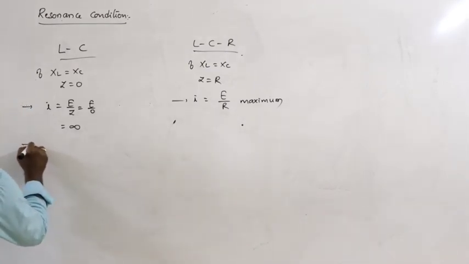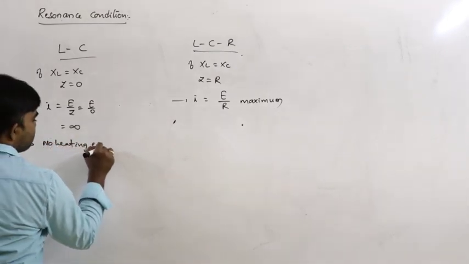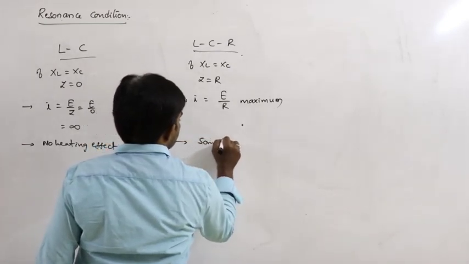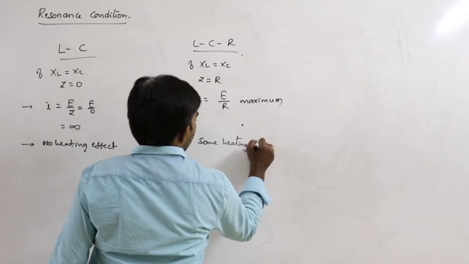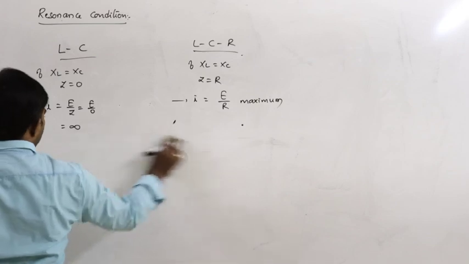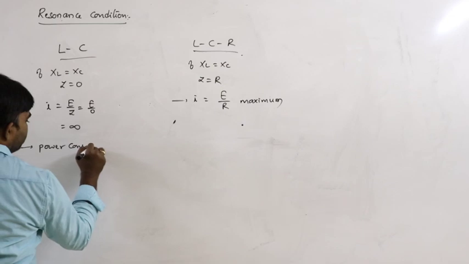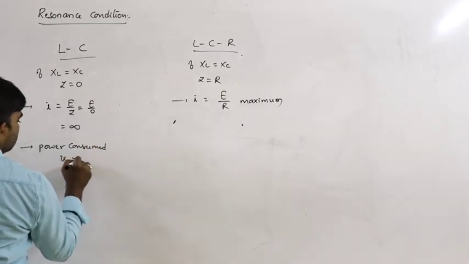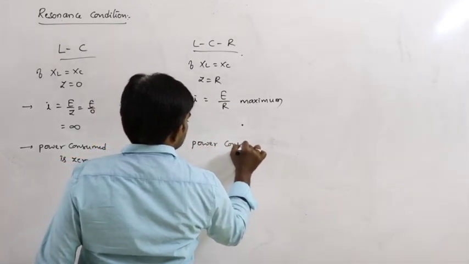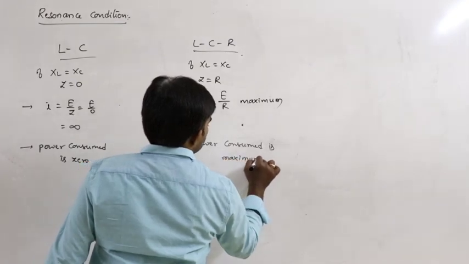Next, here current is infinity, which means no heating effect generally, but due to the presence of the resistance, there is some heating effect. So power consumed, let us say, is 0 here, but here the power consumed is maximum.